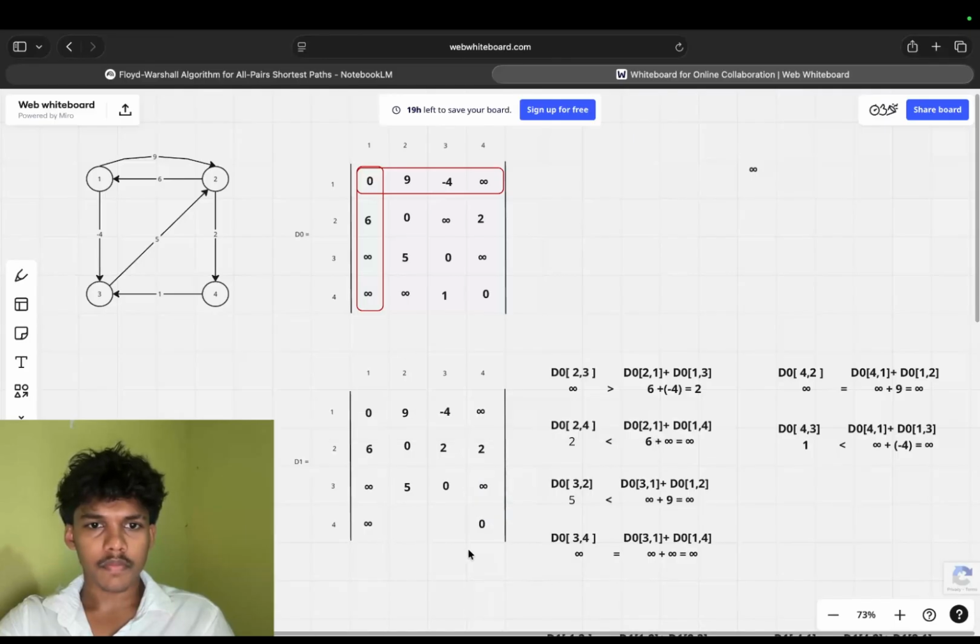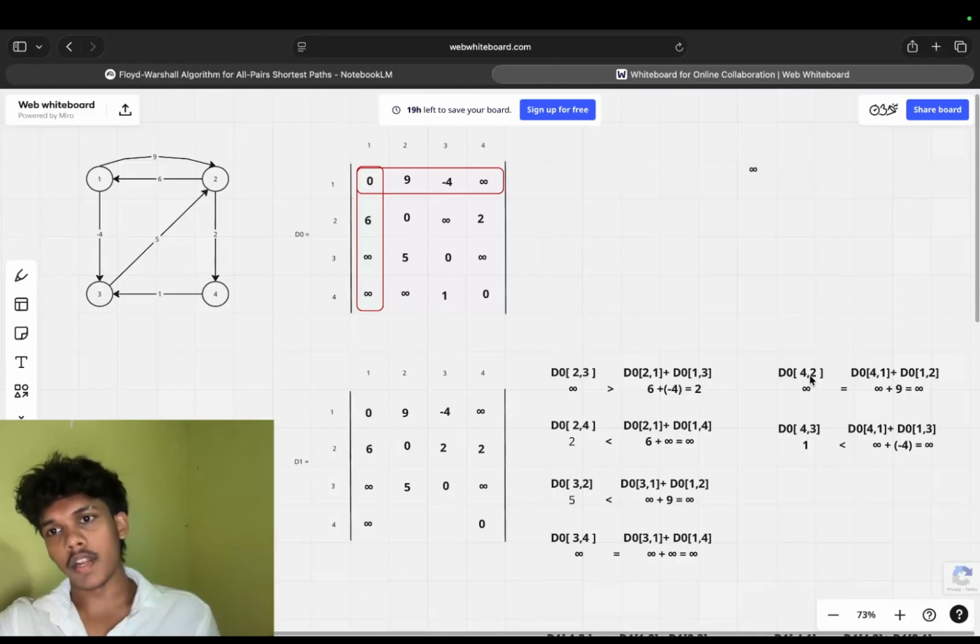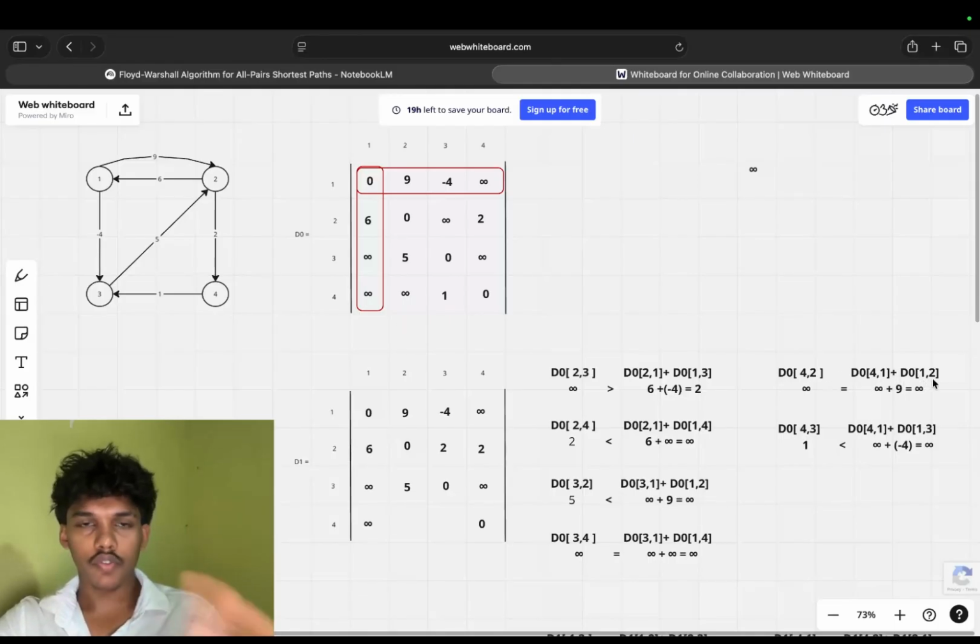Okay, now we have to find 4 to 2. 4 to 2 is infinity, and if we take the middle element as 1, we will get 4 to 1 plus 1 to 2. All right, 4 to 1 is infinity, 1 to 2 is 9, so it gives us again infinity.